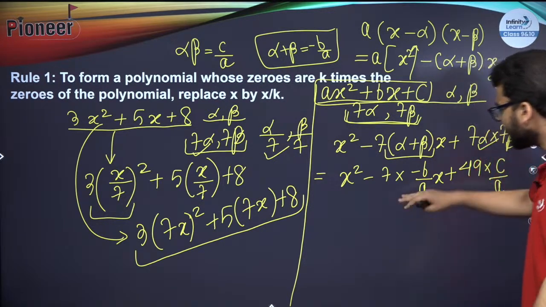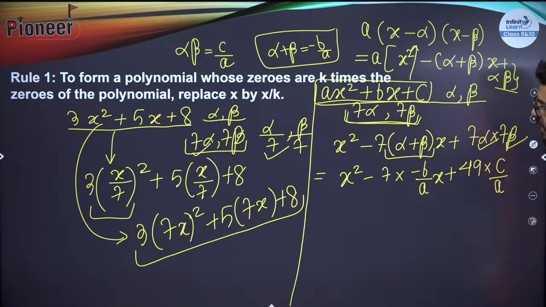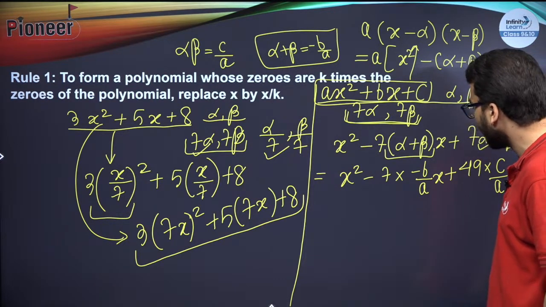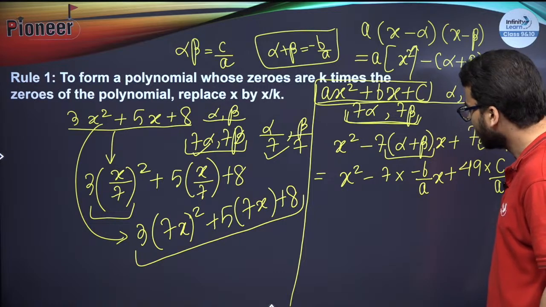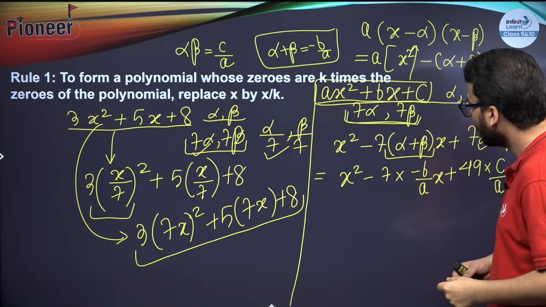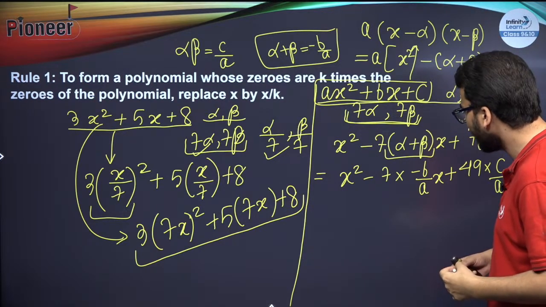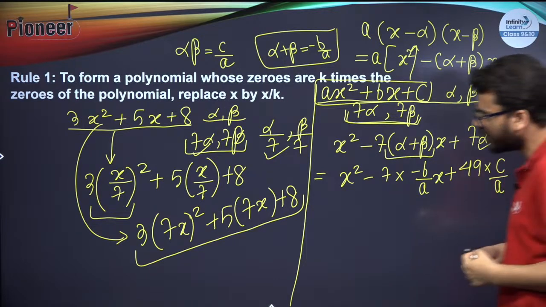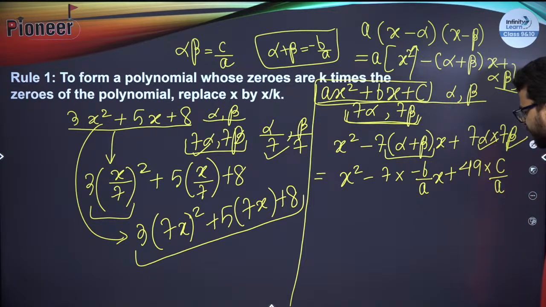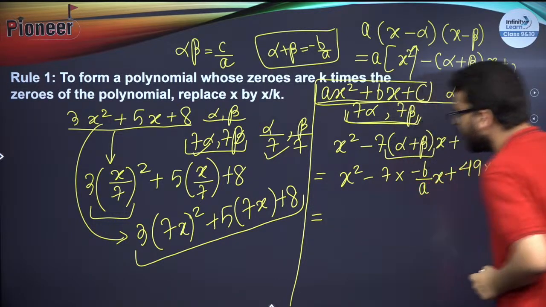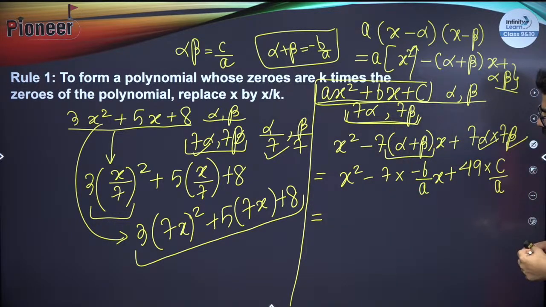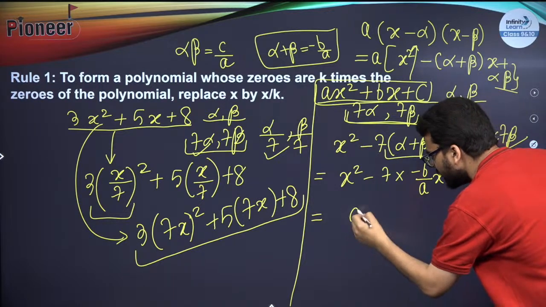Tell me. So basically what is happening over here, guys? So I want to prove that I am putting 7x times, right? So what I can do over here is, wait, first I will take LCM. So let's take the LCM first.